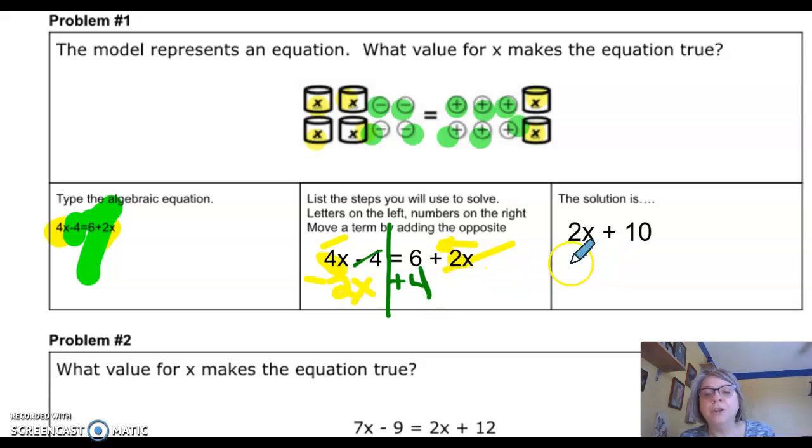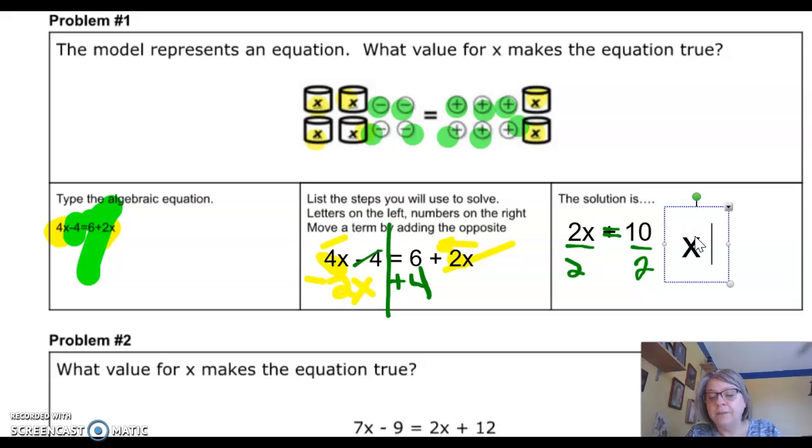So my solution, let's put a little x there, equals there, not a plus. My equation becomes 2x equals 10. So then I'm going to divide the 10 by 2, because to get rid of the 2, I'm going to divide both sides by 2. And my answer is x equals 5.